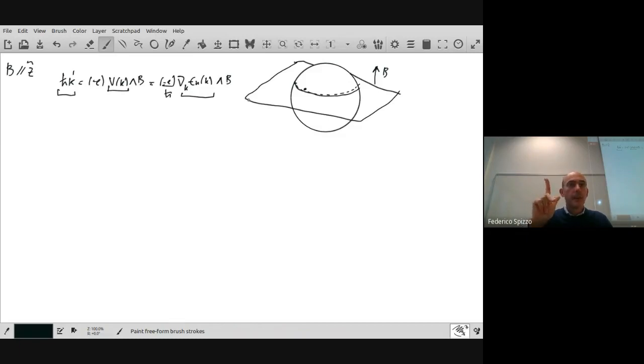So in principle, the vector product should be going into the blackboard, but due to the minus sign, the opposite direction is fine. So the trajectory goes in this direction. Let me check. Yes, velocity, B, yeah, goes in that direction.